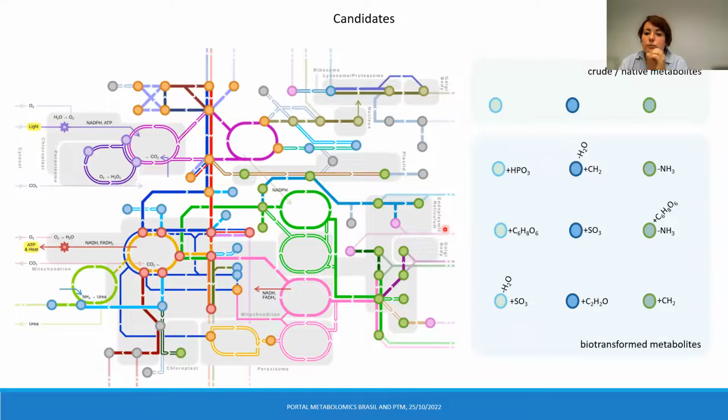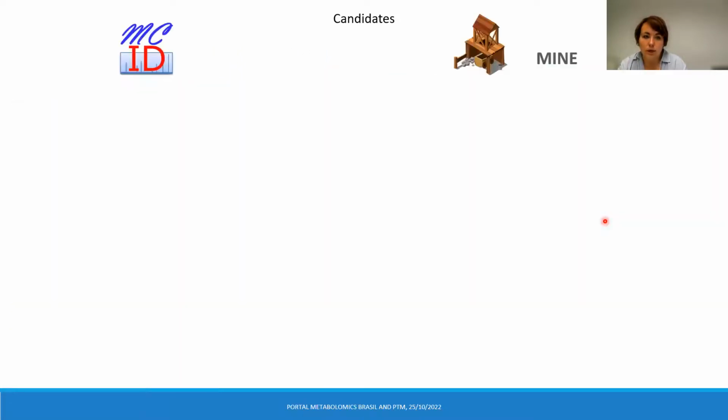We have to keep in mind that maybe the molecule in front of us that we are trying to annotate is not a native molecule, not a native lipid, but some biotransformed lipid. And here we can talk about epilipids, epilipidomics, which is quite a fashionable term nowadays.